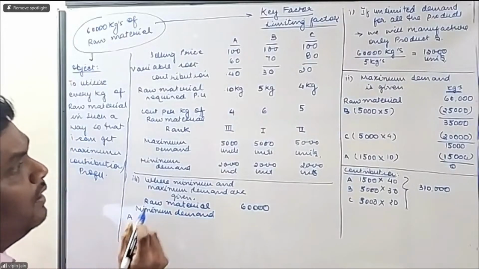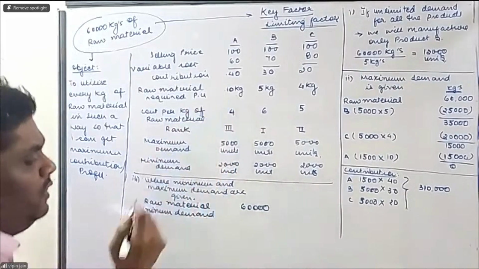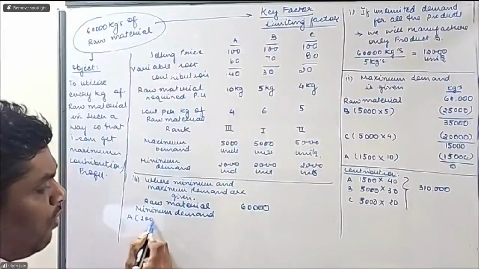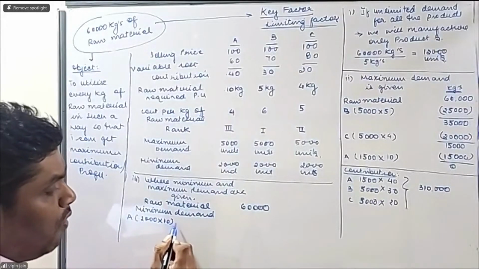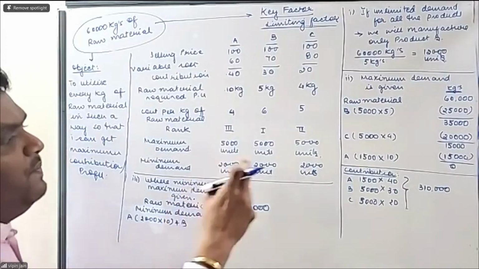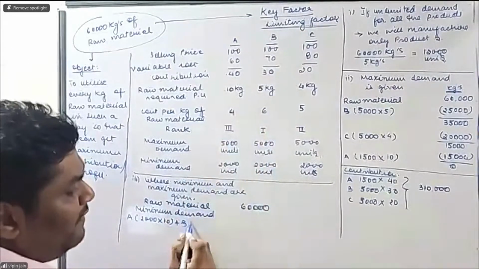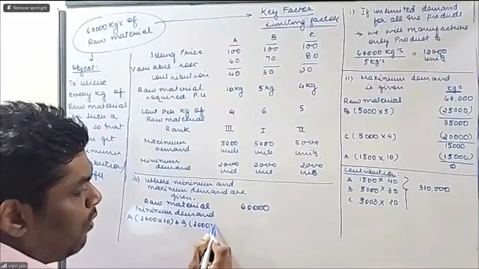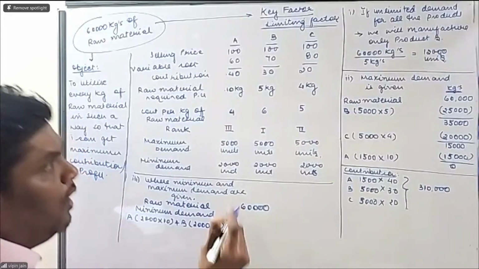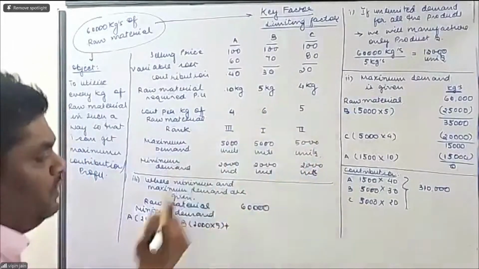So A, it will be 2000 into 10, plus B, it will be 2000 into 5, plus C, it will be 2000 into 4.